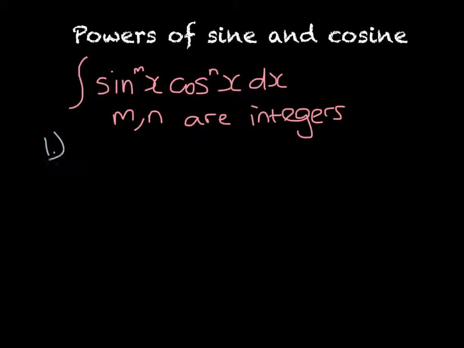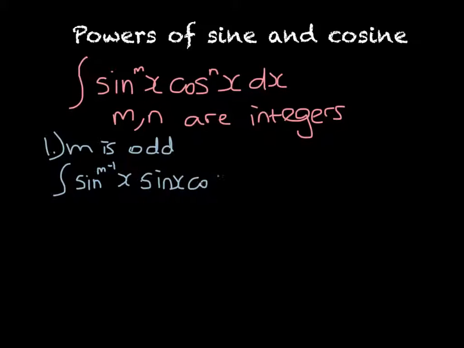Case 1 is that m is odd. In that case, what you can do is strip out, per se, one of the sines. So you would have sine to the power of m minus 1 x times sine x times cosine to the power of nx dx.